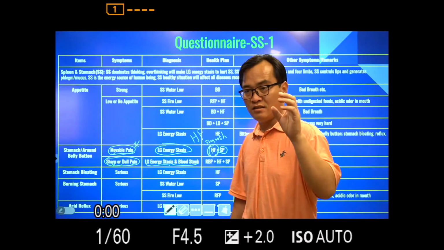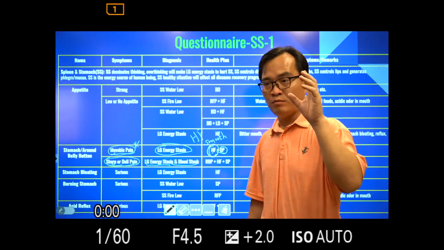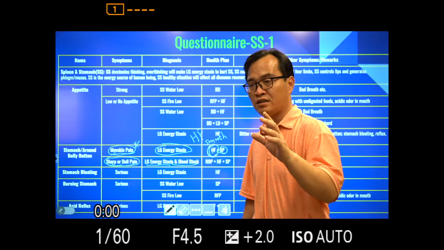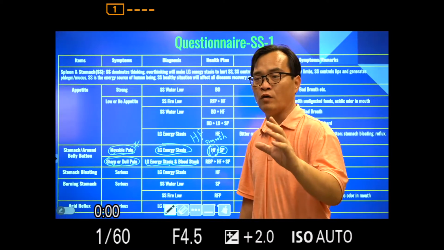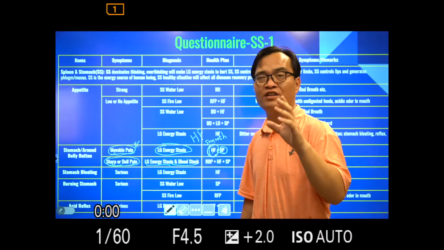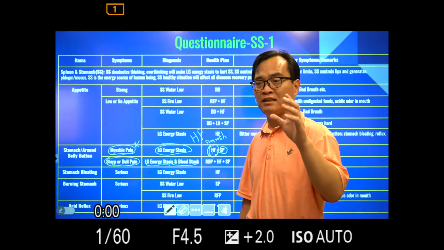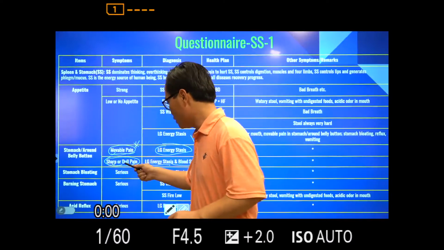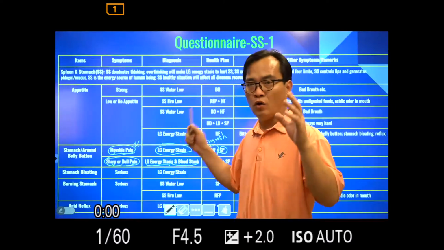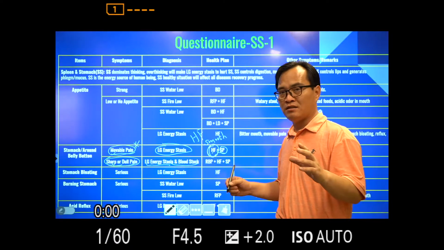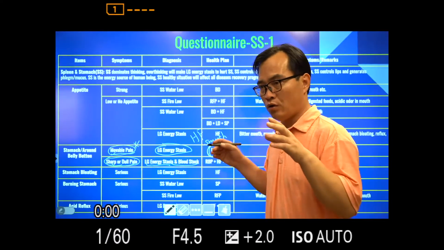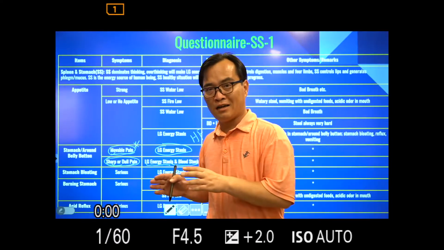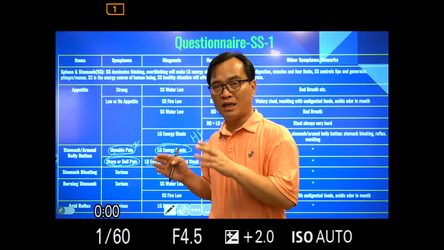So blood stock or blockage is a further level of inner diseases. You can understand it like this. So when people have sharp or dull pain in the stomach or around the belly button, this means they already have blood stuck or blood blockage over there.